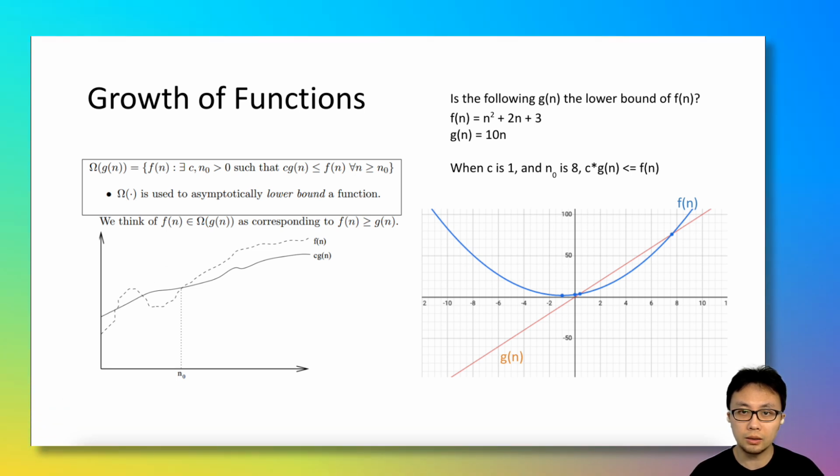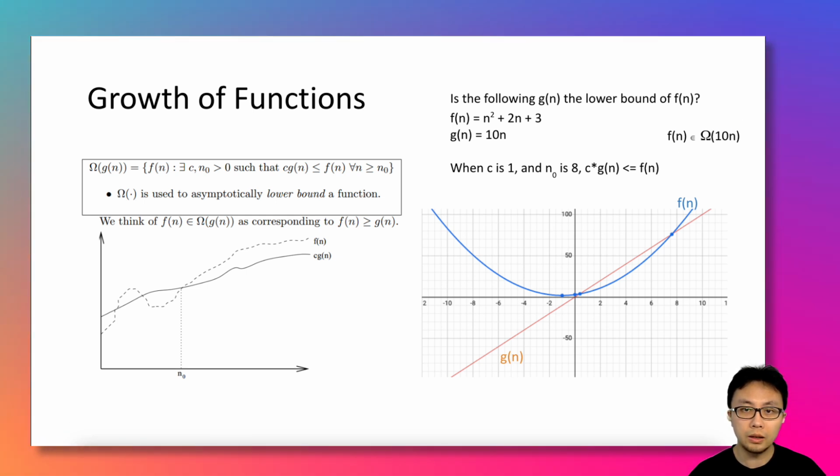For example, c can simply be 1, and n0 can be 8. When n, as the input size, grows beyond 8, c multiplied by Gn will always be smaller than Fn. As a result, you can conclude that Gn is the lower bound of Fn, expressed as Fn belongs to omega of 10 multiplied by n.